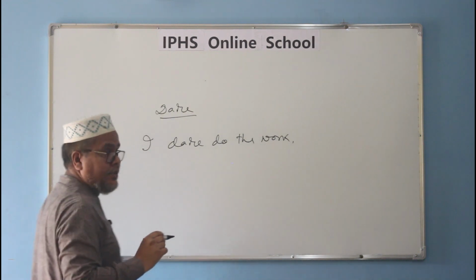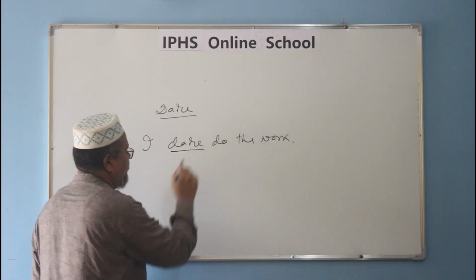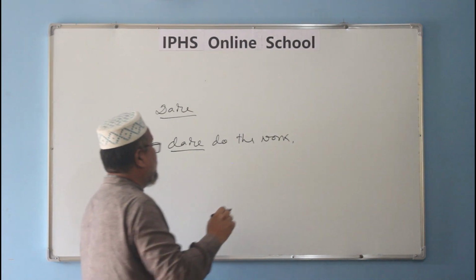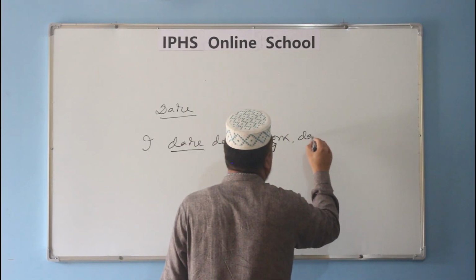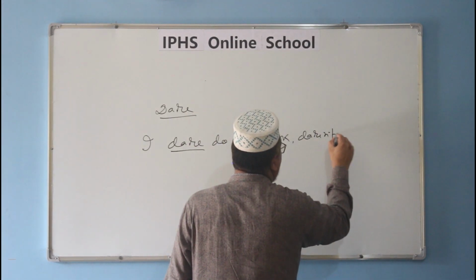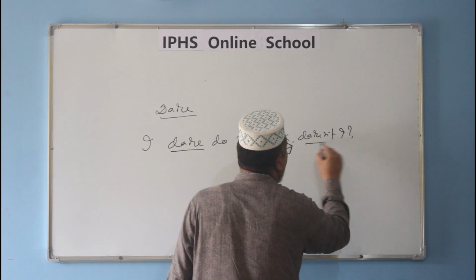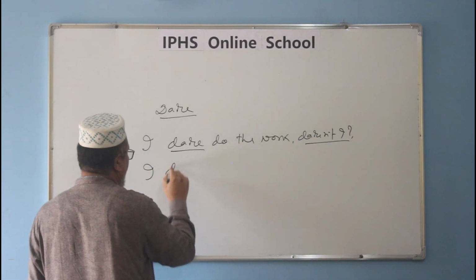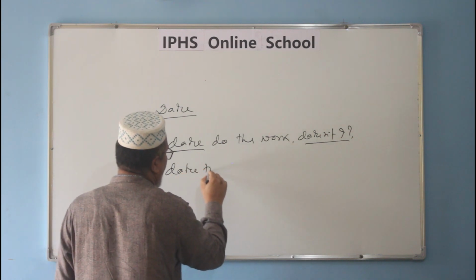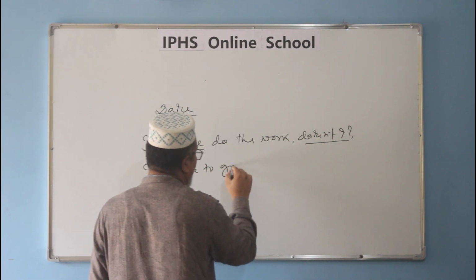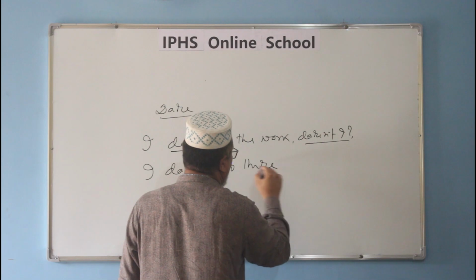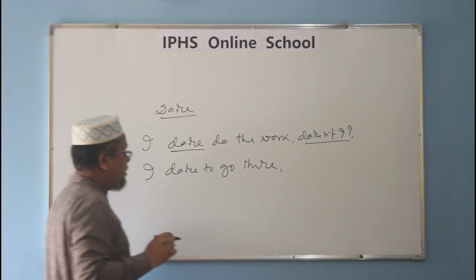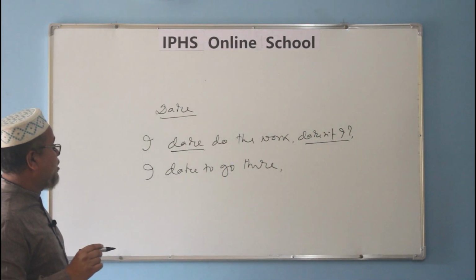In this sentence, dare is used as modal verb. So, we can write, daren't I? But if I write, I dare to go there, in this sentence dare is used as a main verb.